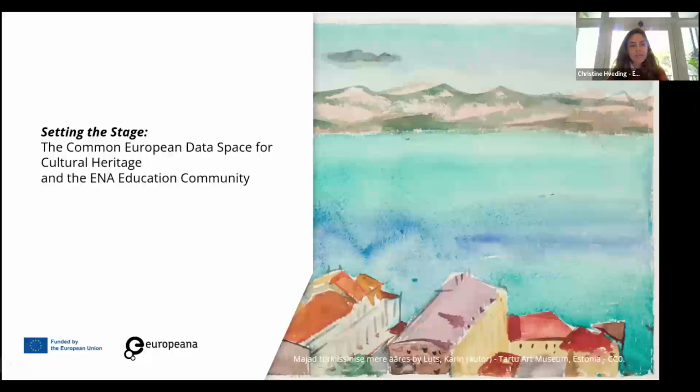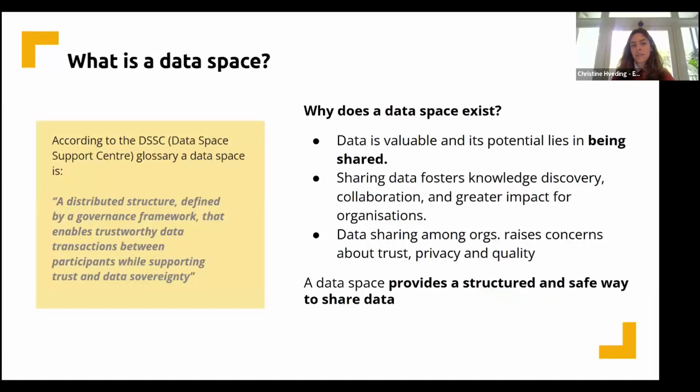To understand what a data space is, we should first consider why it exists. Data is valuable because it can be treated as an asset, as a resource, or even as a service. Data improves decision-making, it can drive innovation, and it contributes to solving big social issues such as climate change, public health, and education.